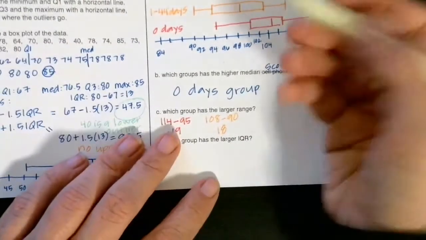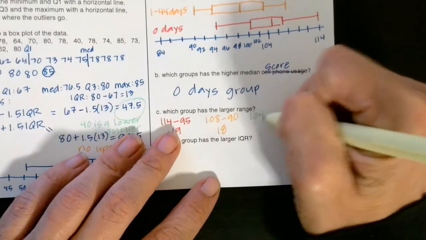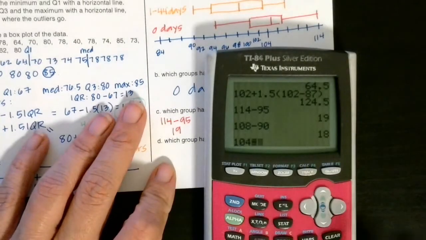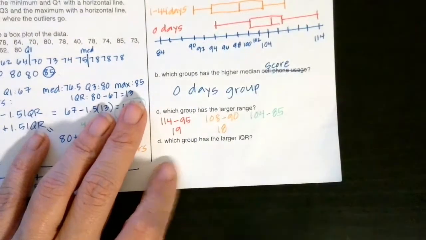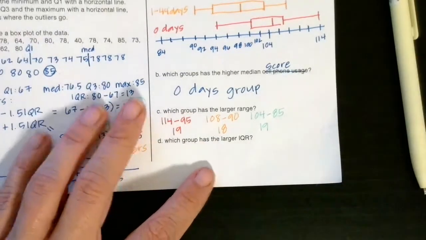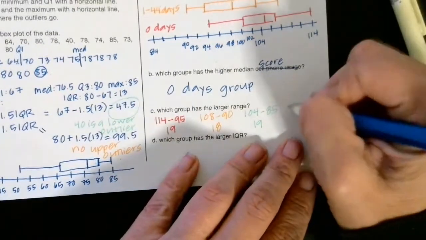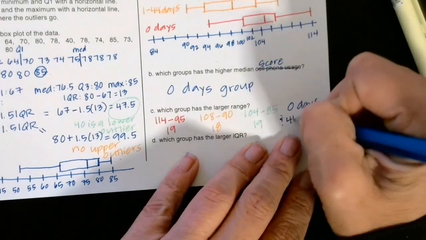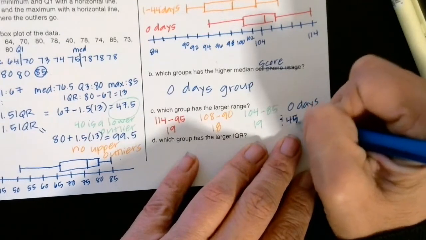And then the last one is 104 minus 85, which equals 19. They're all pretty close, but which group has the larger range? It's actually the 0 days and the 45 to 90 days.